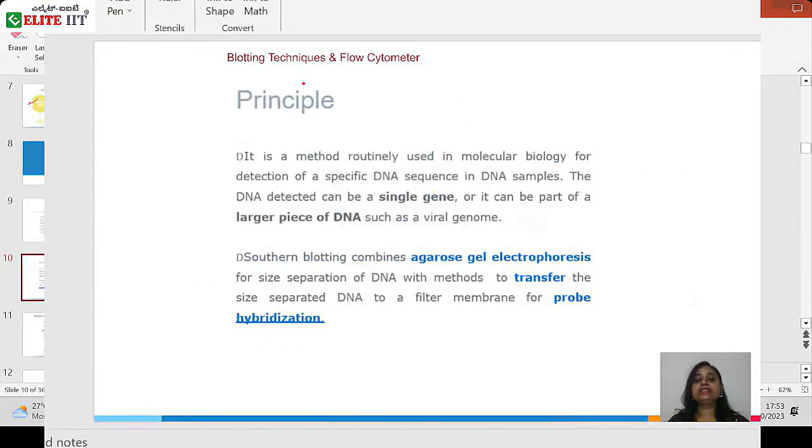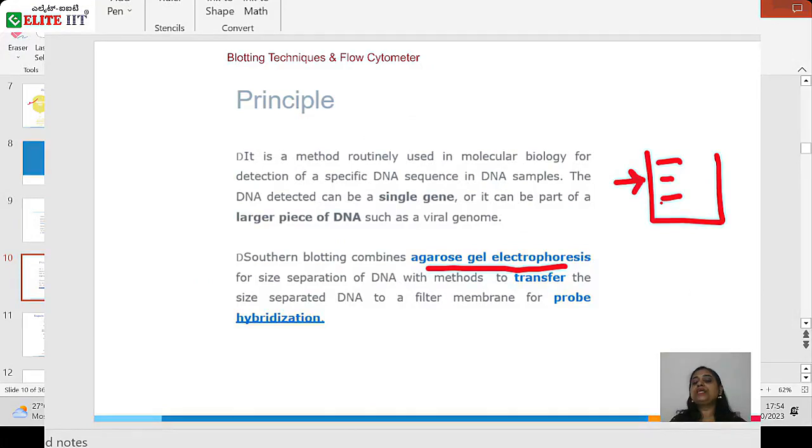Acha. In case of southern blotting, what we do in that case, first of all, you have to do agarose gel electrophoresis. So after that, what you have to do? In agarose gel electrophoresis, you will find several bands. You want to isolate or identify one specific DNA.